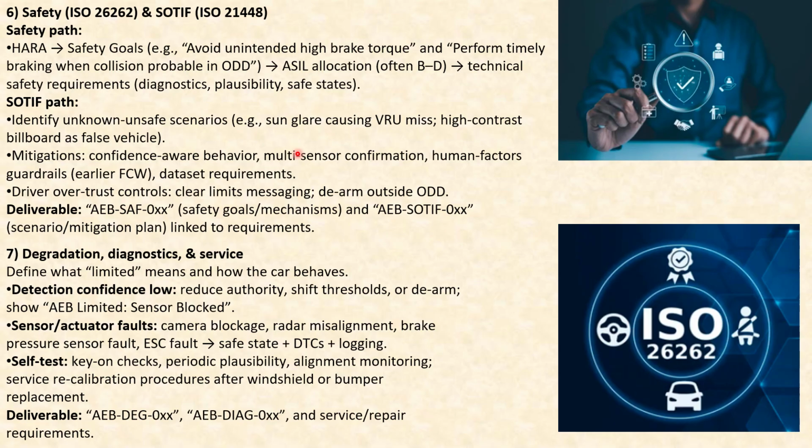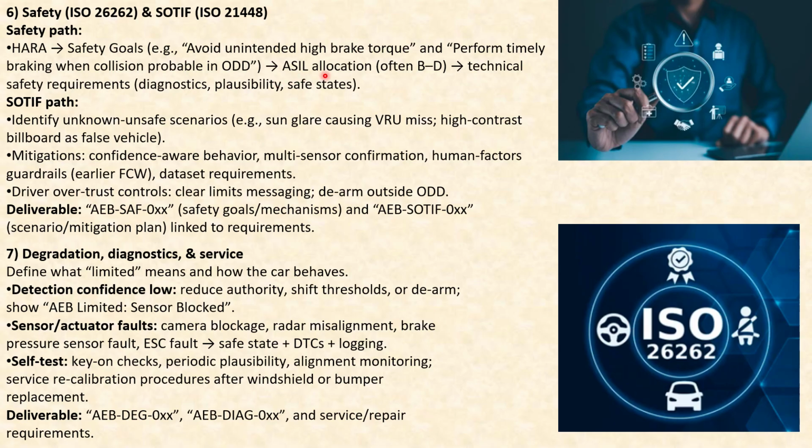Now comes the regulatory aspect. The first is safety and SOTIF. The first is the safety path. When it comes to the safety path, first you have to take care of the HARA, which is the acronym for Hazard Analysis and Risk Assessment. The output of the HARA is a safety goal, which is used to avoid unintended high brake torque and perform timely braking when a collision is probable in the operational design domain.